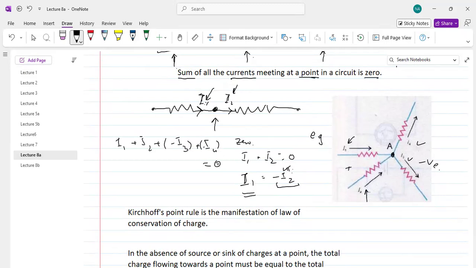According to Kirchhoff rule, the sum of these currents is equal to 0. This implies that I1 plus I2 is equal to I3 plus I4.